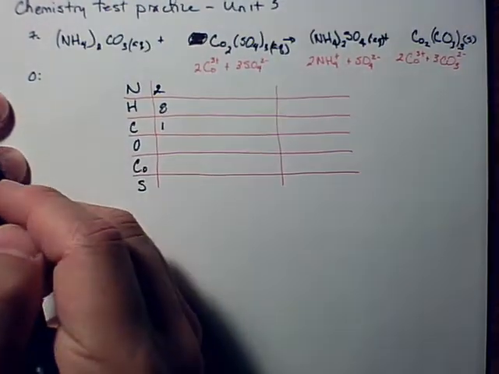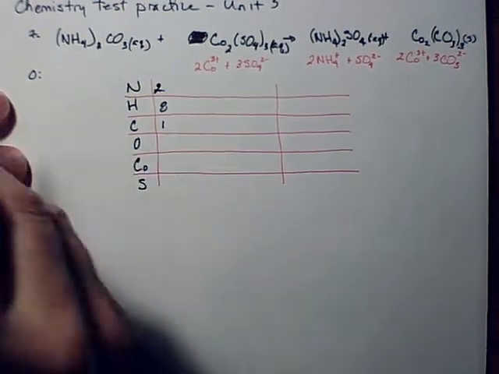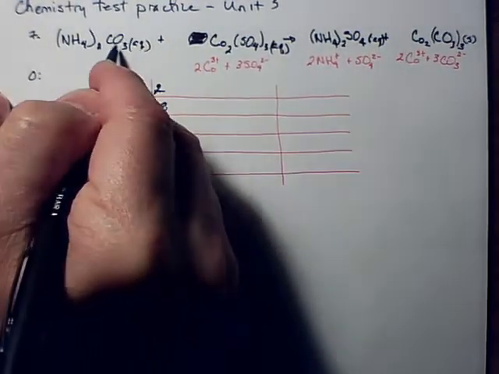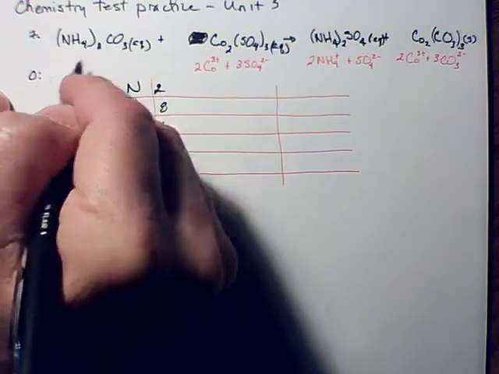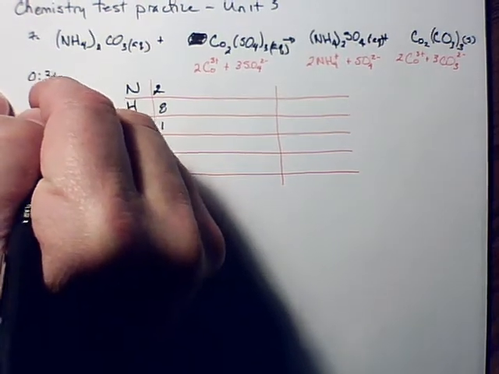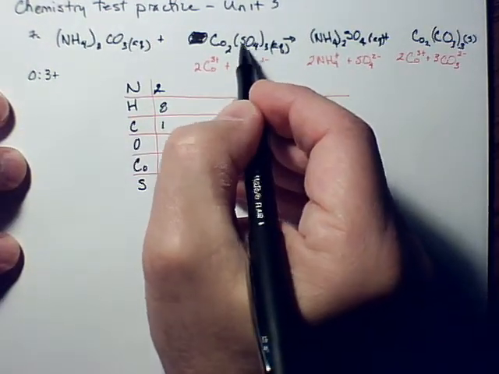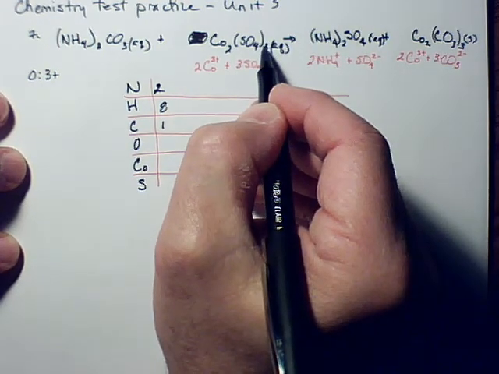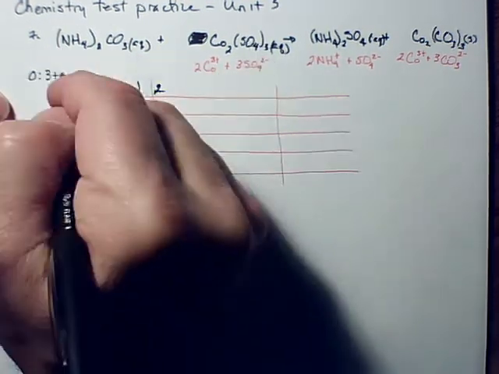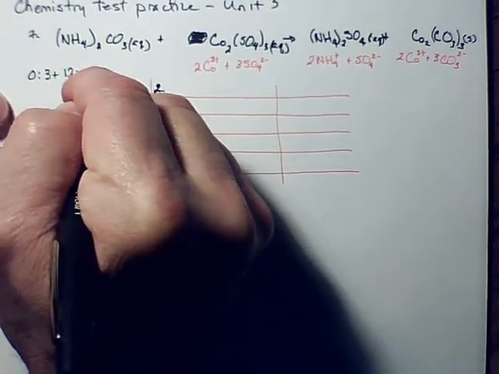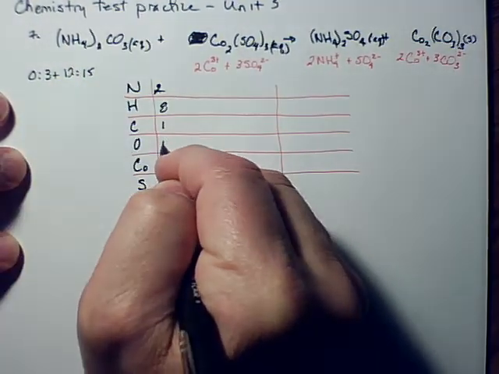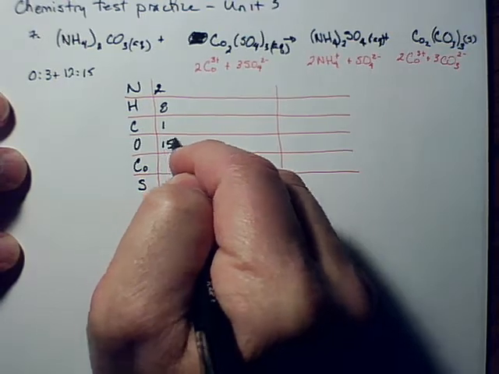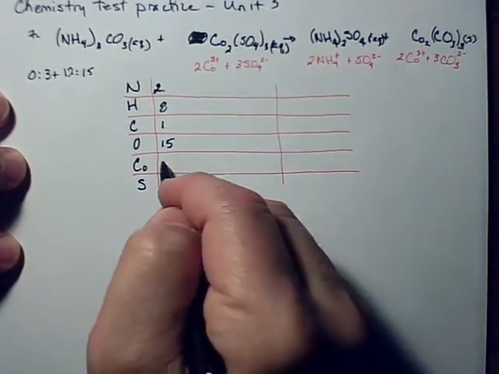I like to make sure I'm careful with it by writing out a little math equation out here. I have 3 oxygens in this carbonate. Over here I've got 4 oxygens in the sulfate ion times the 3 that's outside the parentheses. So that would be 12. So I have a total of 15 oxygens. Yeah, that's right, 15 oxygens. Okay. How many cobalts?